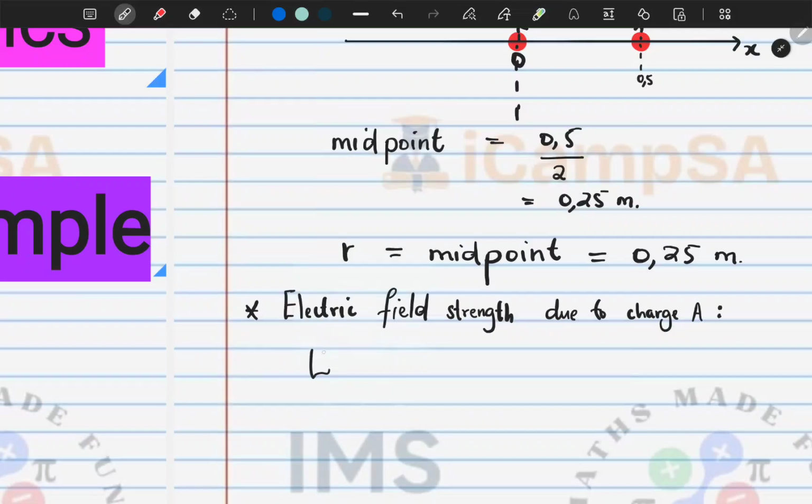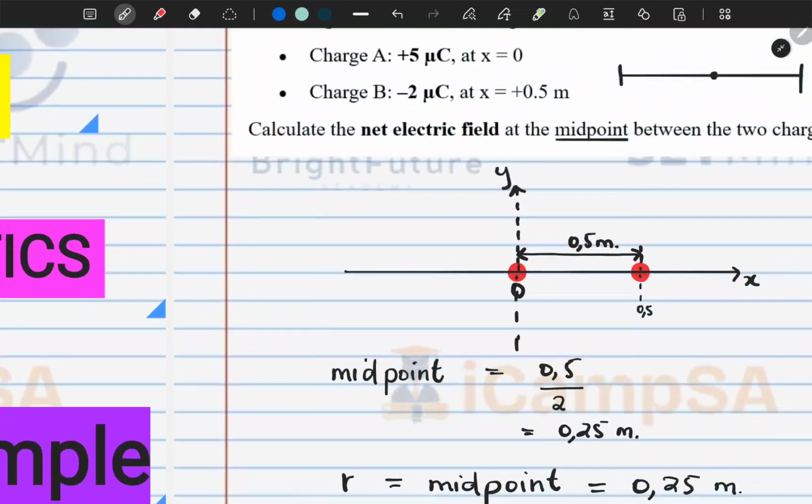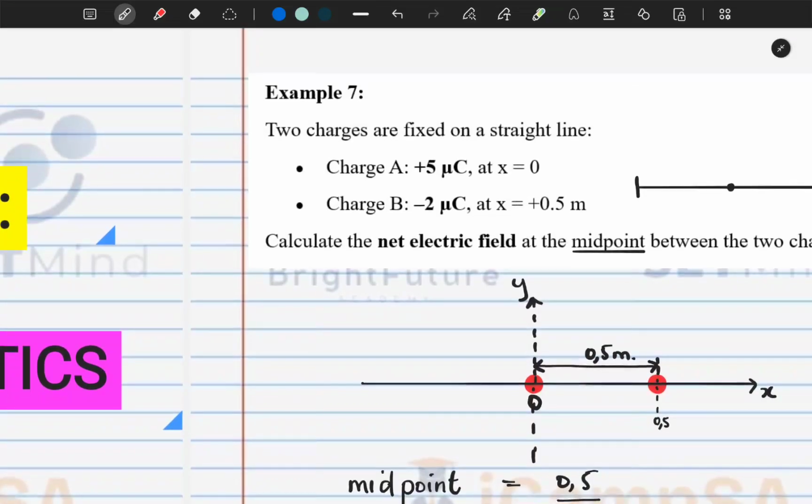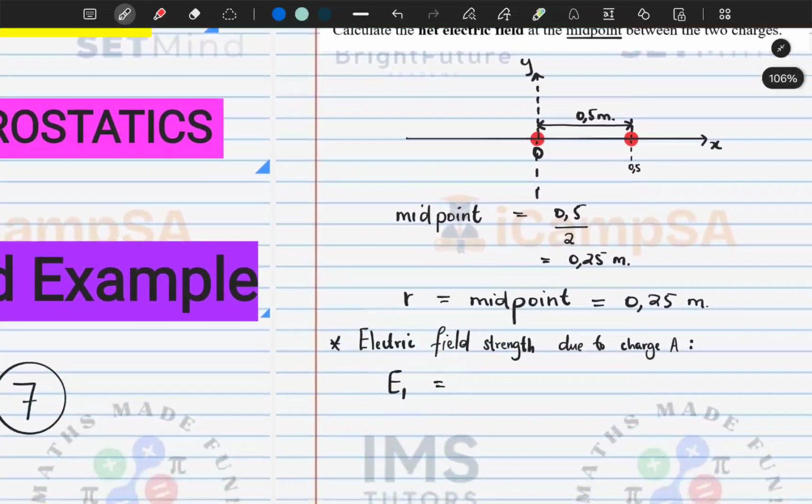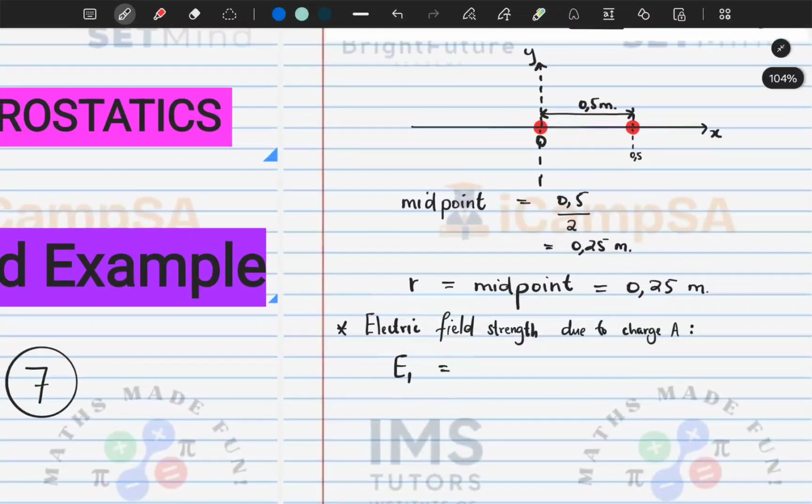E1, even EA is fine, it's all up to you. E1 for me means the electric field strength due to the first charge A, which is charge 1. It's the same thing, doesn't matter really. I like numbers rather than alphabets when it comes to such things.